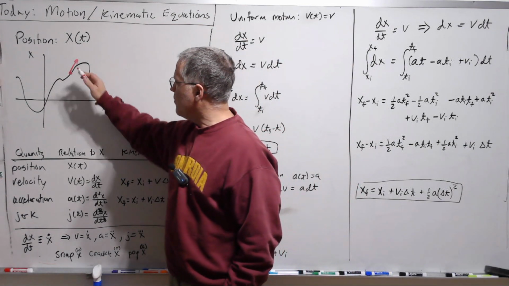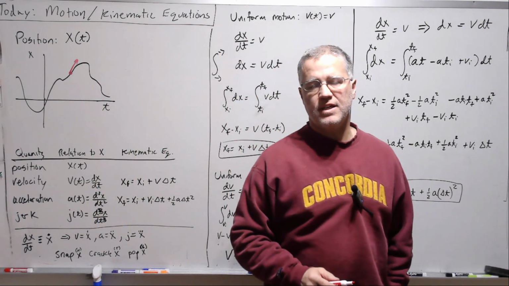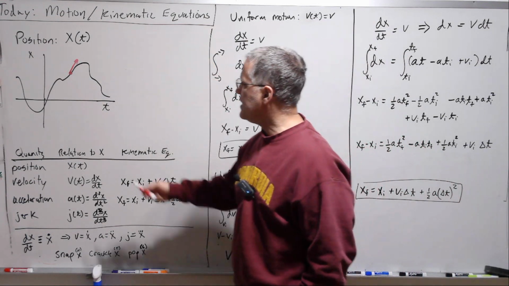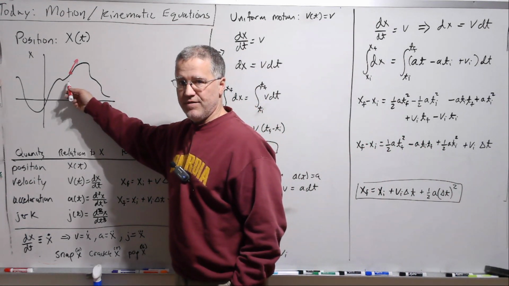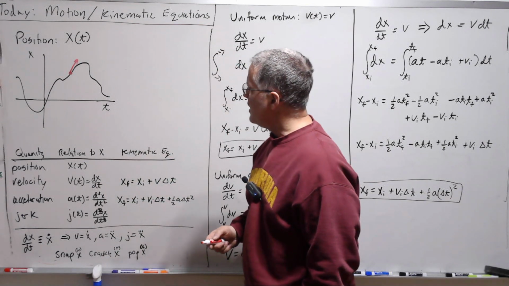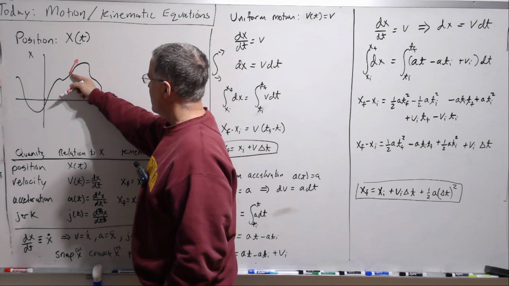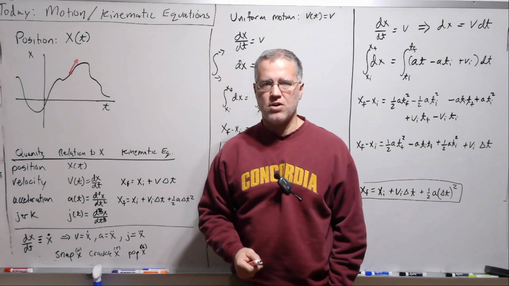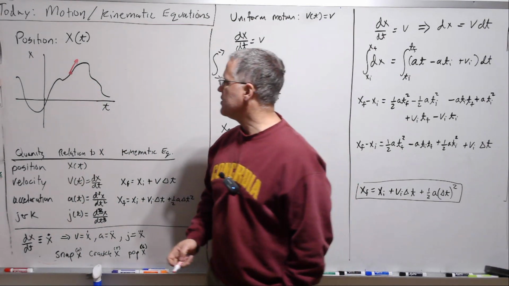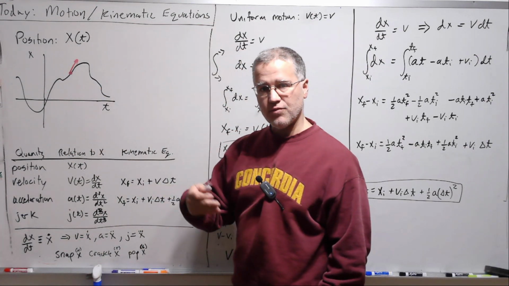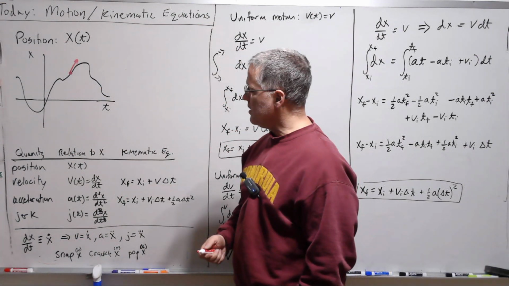And so we want to fully characterize the motion based on the position and its various derivatives. So the rate of change of this position tells us how fast our particle is going and the direction. So that's velocity. And then we can look at the rate of change of velocity and so on.